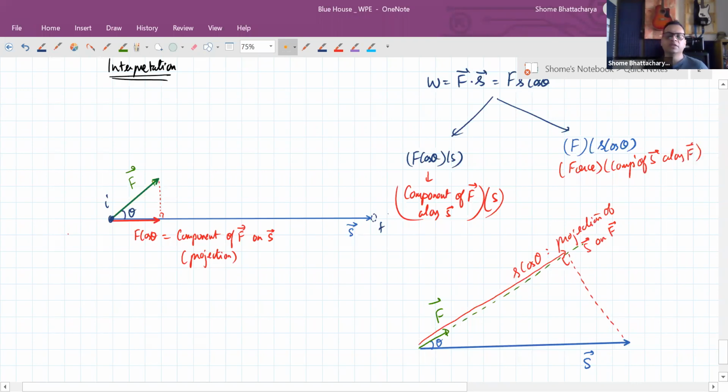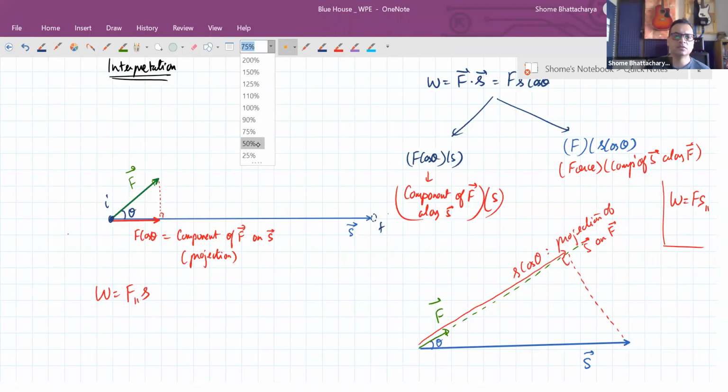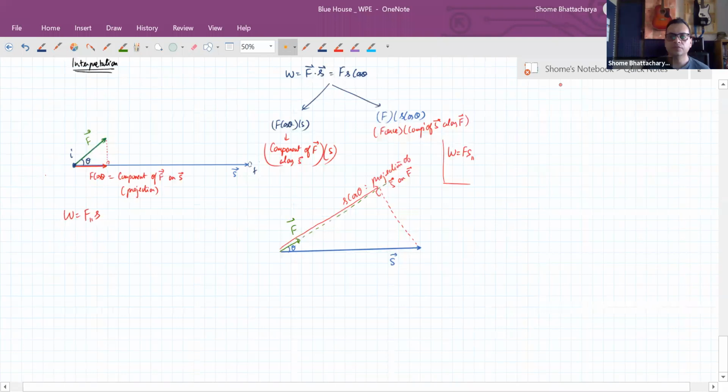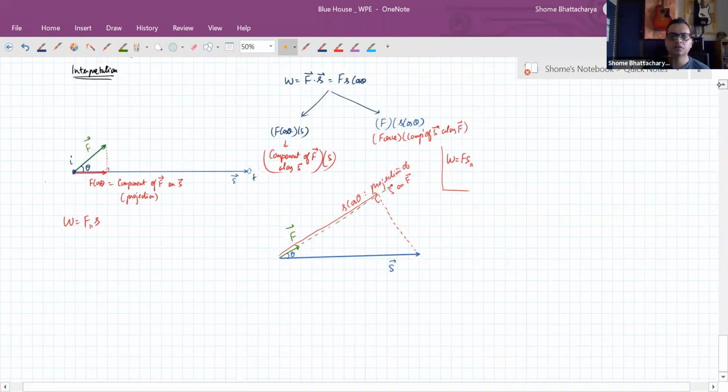So there are two ways of interpreting it. Either you can divide the force into components, parallel component of force multiplied by displacement, or you could divide the displacement into components and work done becomes force into the parallel component of displacement. It's one and the same thing. It's basically part of the definition of scalar product.